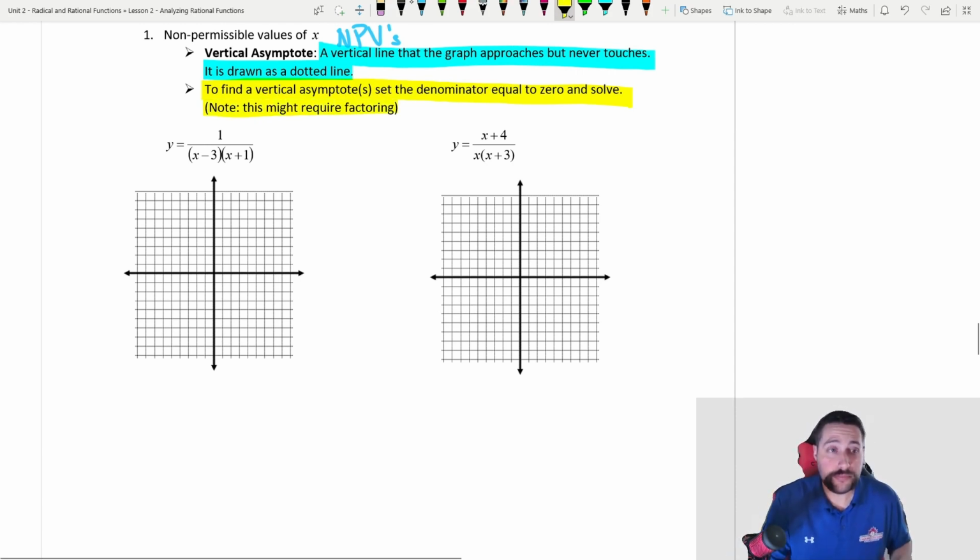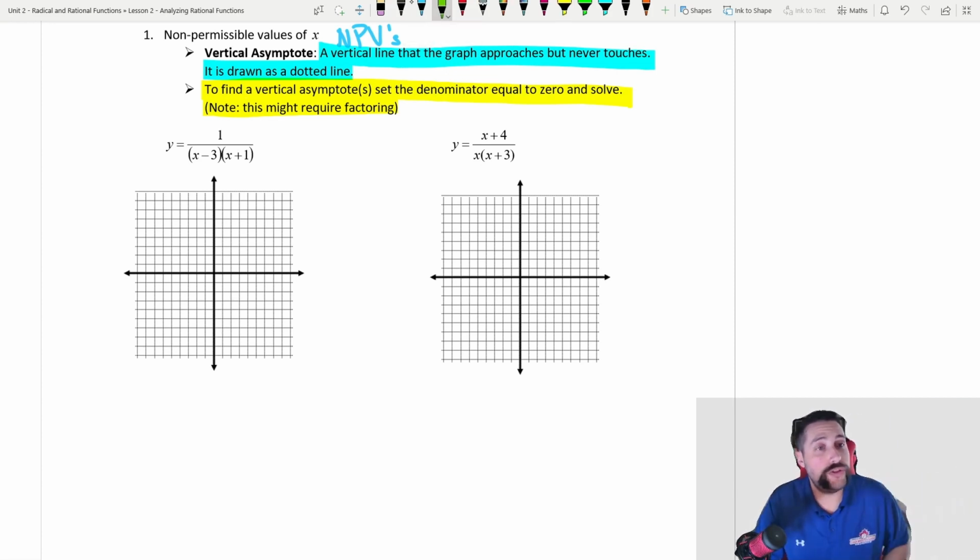Okay, so if we were to look at the first example, we have y is equal to 1 over x minus 3 multiplied by x plus 1. So we need to figure out where the NPVs are. Let's get started.